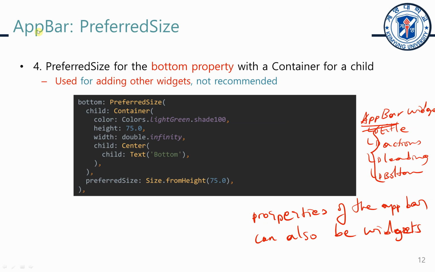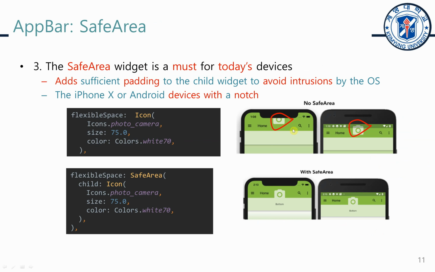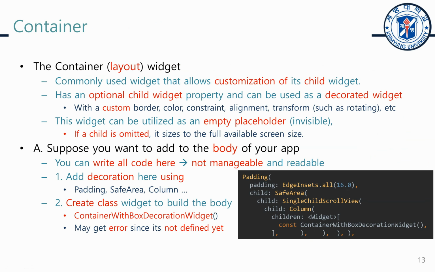We tried to modify the app bar, and the app bar uses other widgets. So we used other widgets to develop our app bar. So next we'll discuss our container widget.